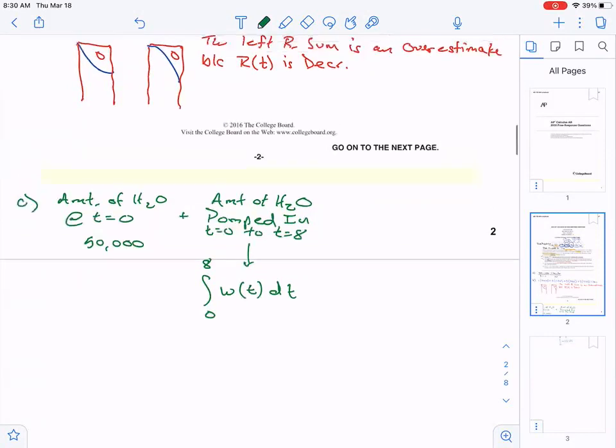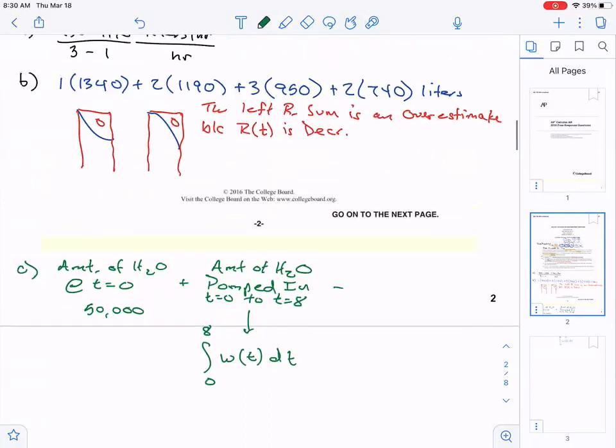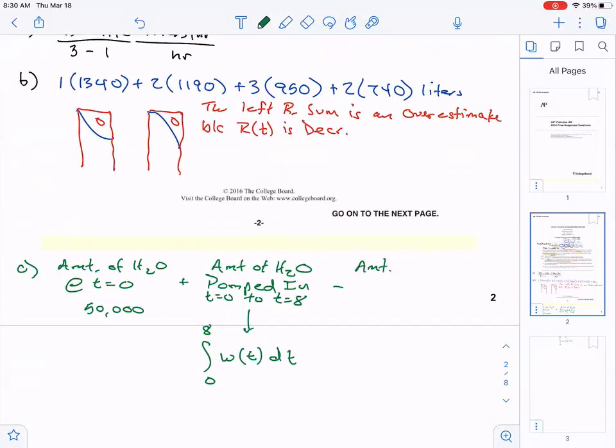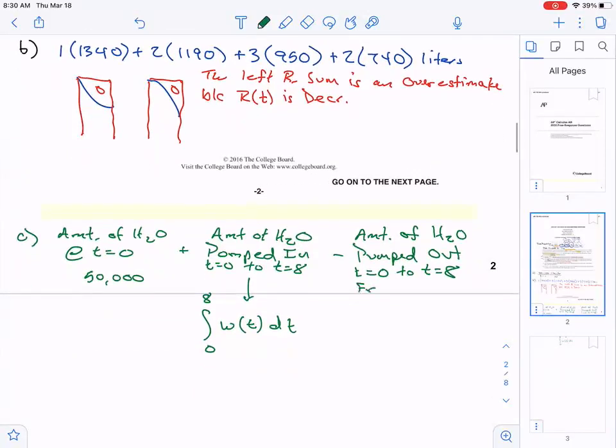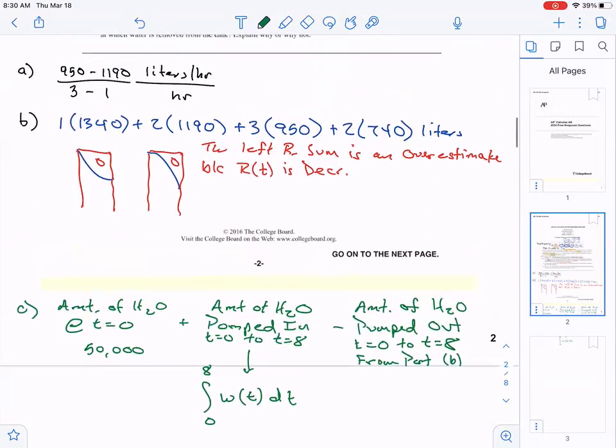Okay. And then the last component of this is going to be minus the amount of water that was pumped out on that same interval, from t equals 0 to t equals 8. Okay? That is what we did in part B. So this is going to be from part B. Since I'm in Notability here, I'm just going to highlight what I just did there.